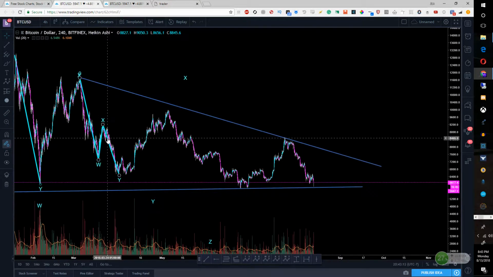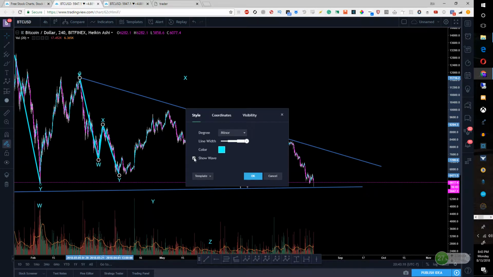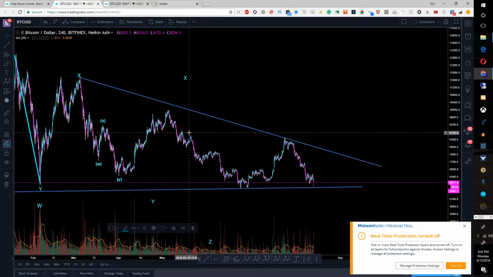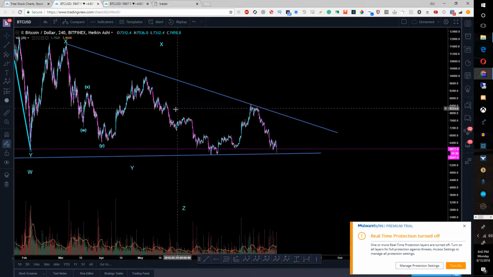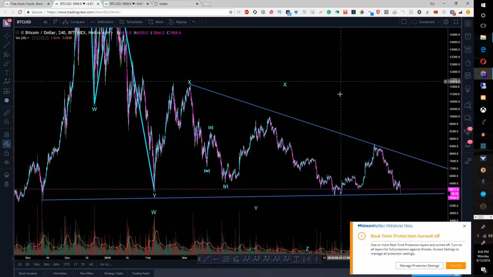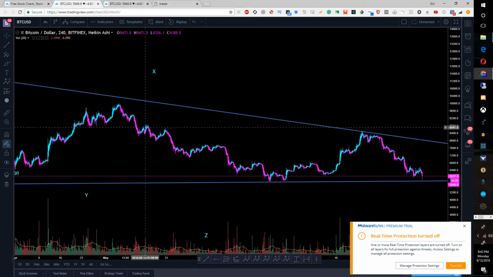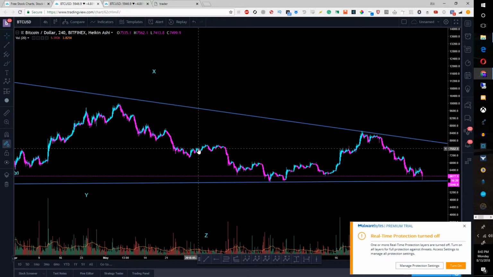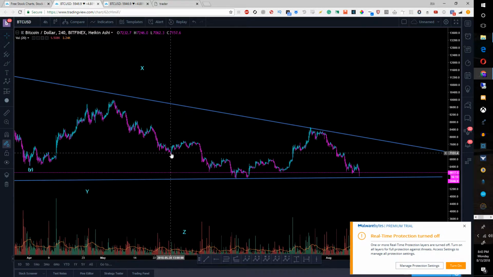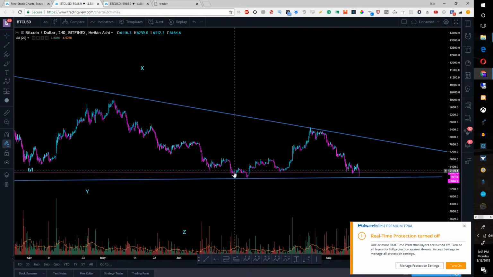So that right there is a 3 structure zigzag, and we'll just pop down the degree right here. I don't have to show the wave because that'll get messy. And then right here, we're not going to concentrate on this because it's just an alternation. But again, we don't see 5 waves, because if it was 5 waves, it'd be 1, 2, 3, 4, and potentially 5.